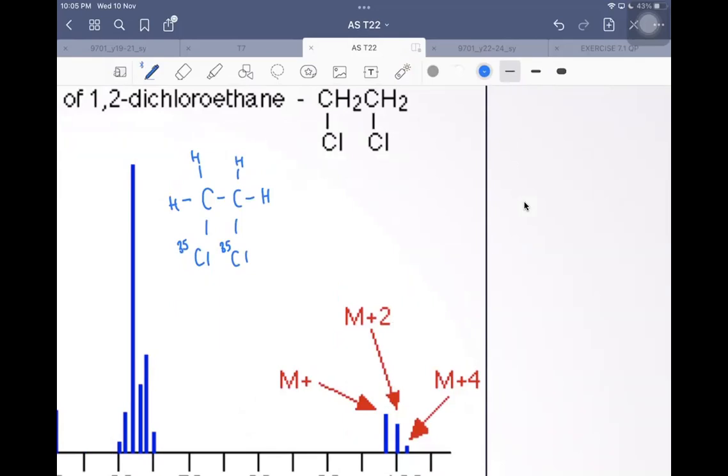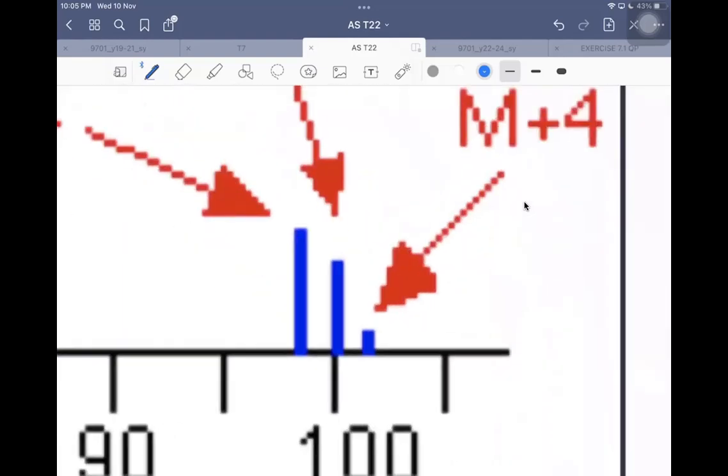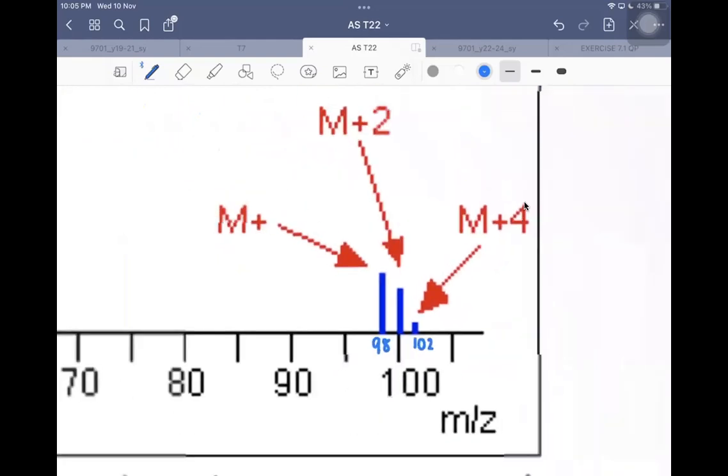This should give me 98. So if you want to label, this is 98, the middle one is 100, and the lowest peak is 102.